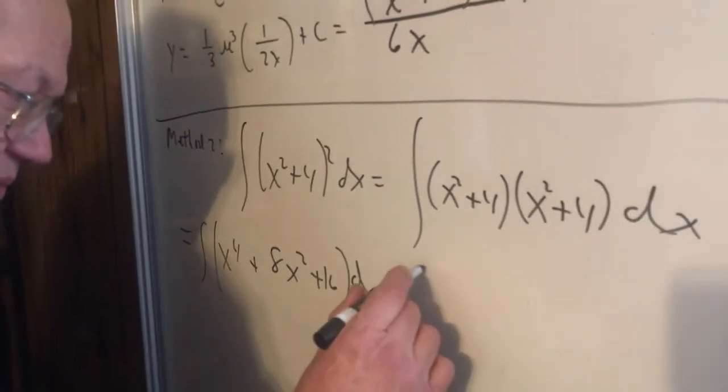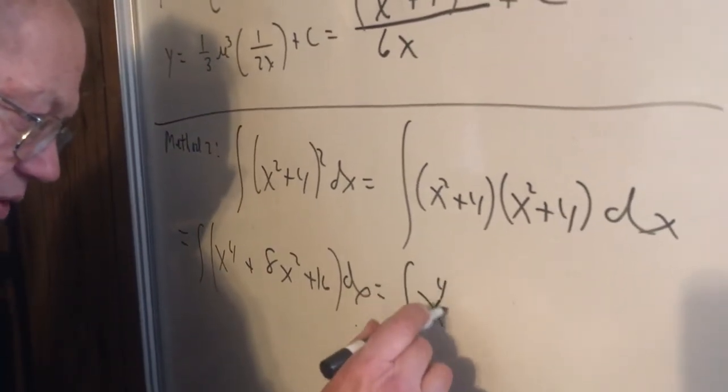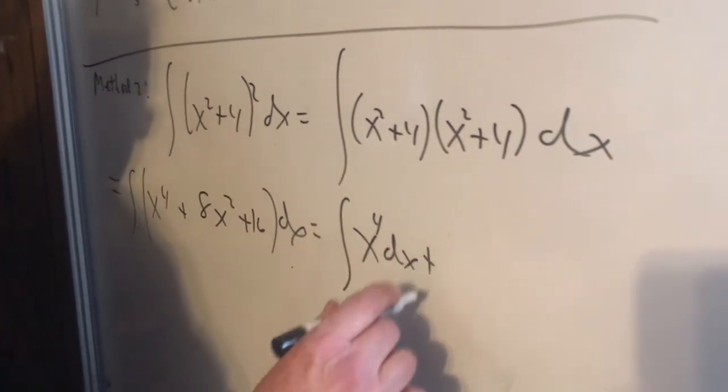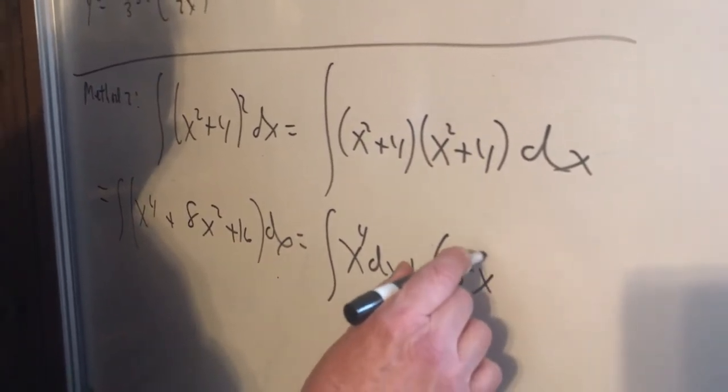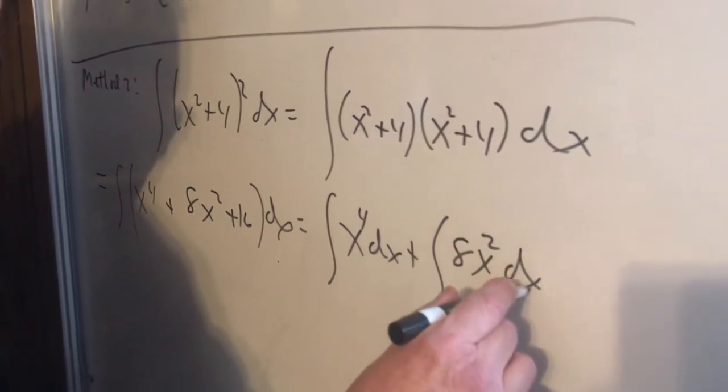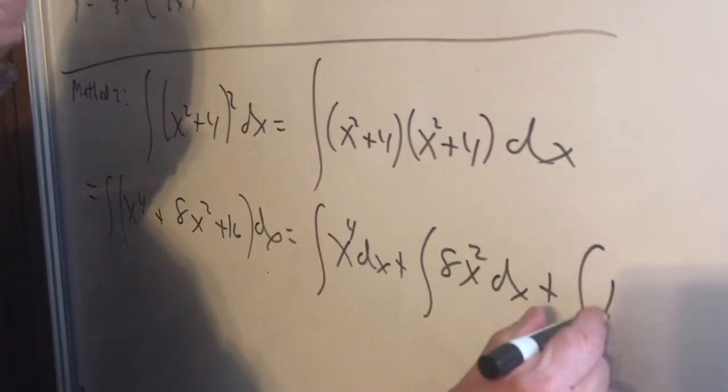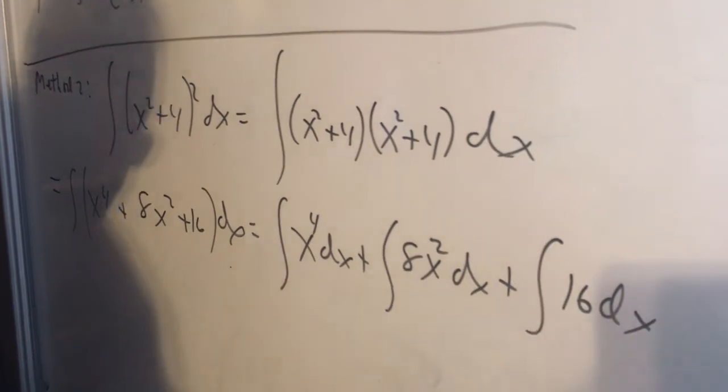Distributing the dx would be the integral of x fourth dx plus the integral of 8x squared dx plus the integral of 16 dx.